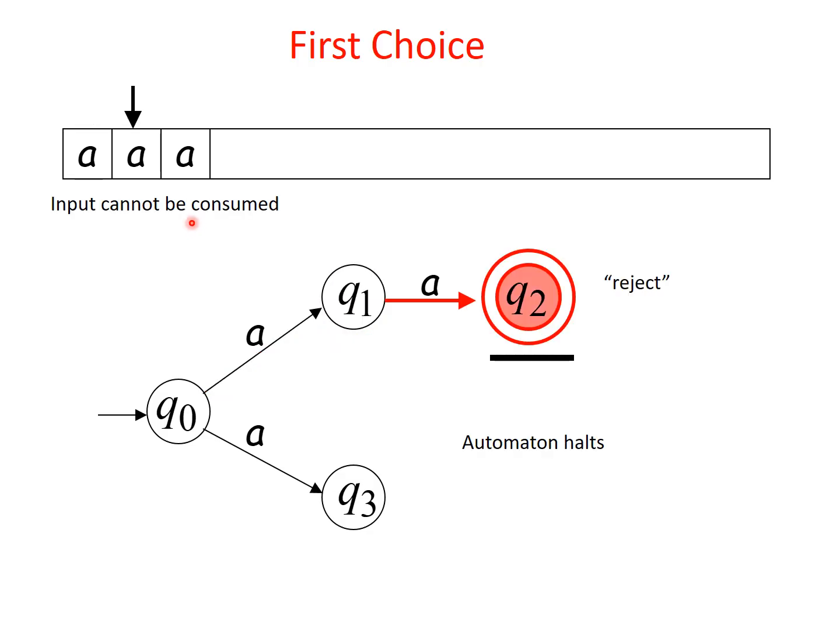It's possible to read 2 A's and reach the final state, but the input buffer is not empty. One more input is still there in the input buffer. Even though you are in the final state, it is not accepting. The automaton will halt. It will reject it.